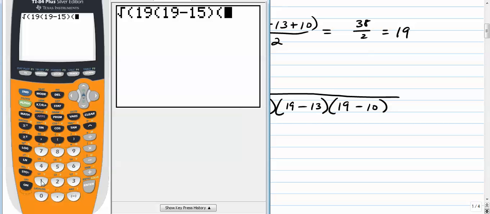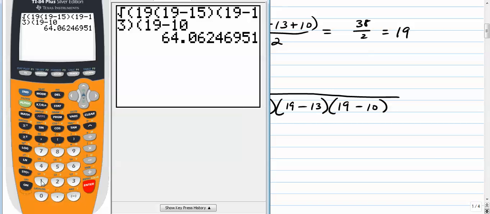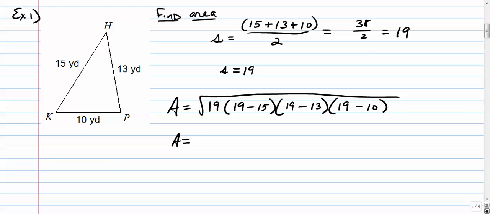Close. Open 19 minus 13. Close. Open 19 minus 10. And you don't even have to close the end of that. You'll get an answer, 64.062. So we can type that in all at once and get 64.062. And that's it.